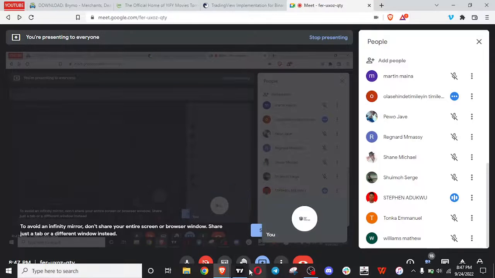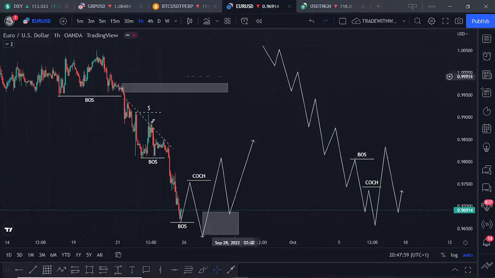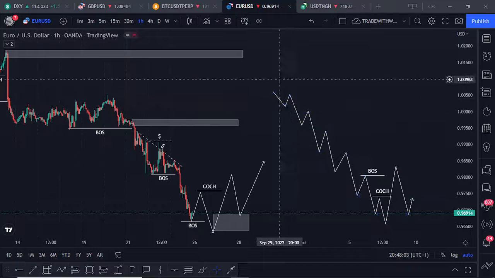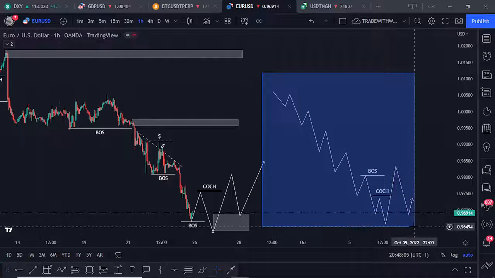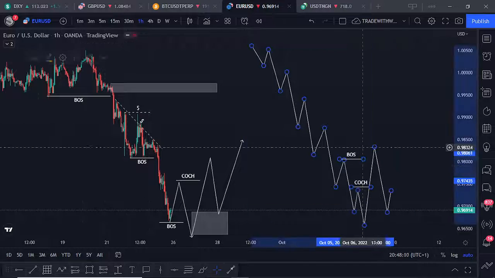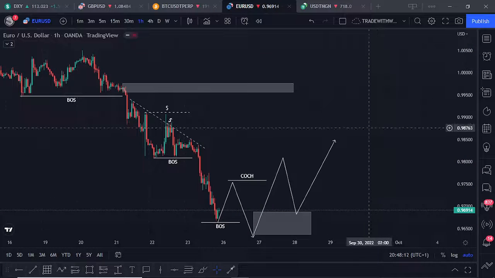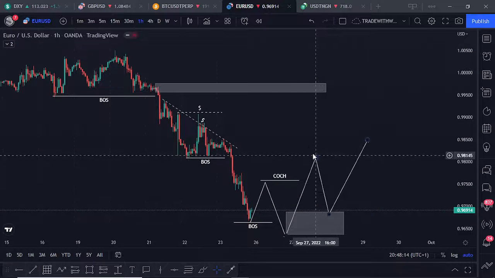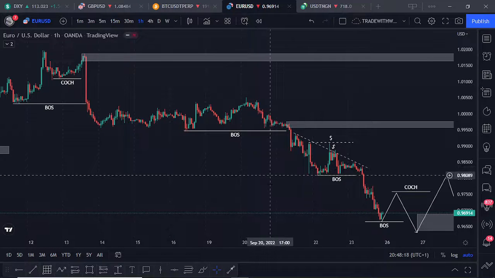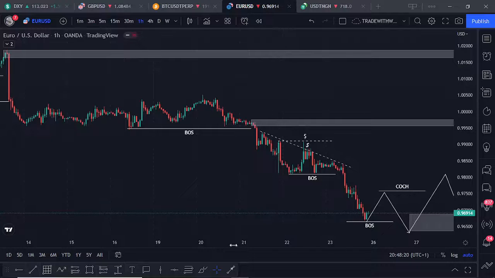Please, can you go back to that last chart, the last part? This one? Okay. Yes. Take it down a bit, like the last demand zone. The one at the top.